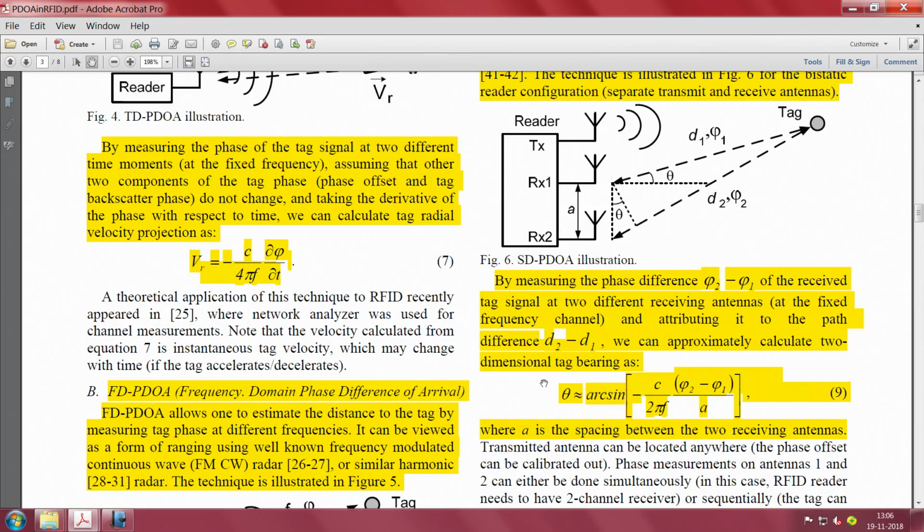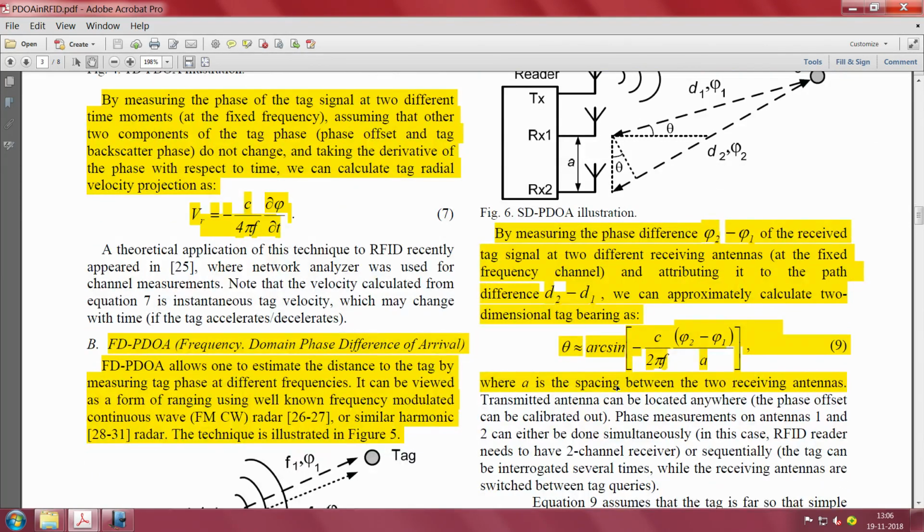Now this brings us to a very important point, which is A. How is this A to be used? A is the spacing between the two receiving antennas, and there are certain ways by which you can set it. The transmit antenna can be located anywhere, that is not important, but phase measurements on antenna 1 and antenna 2 can be done simultaneously.